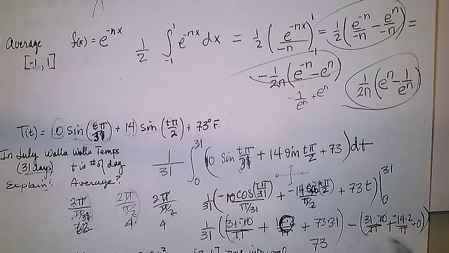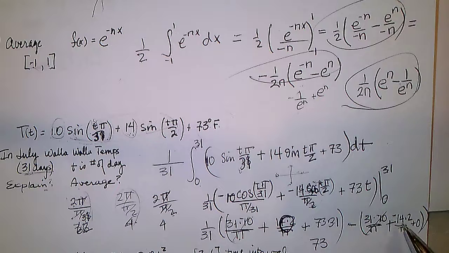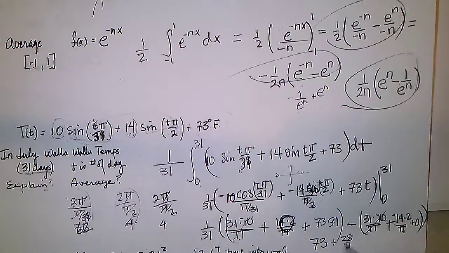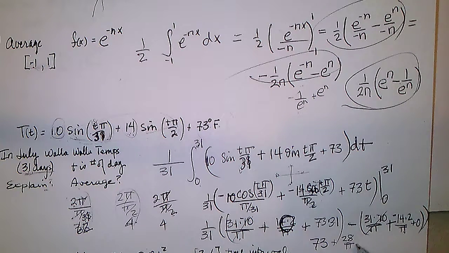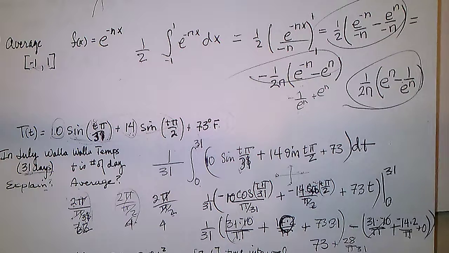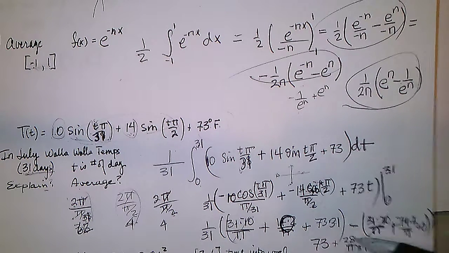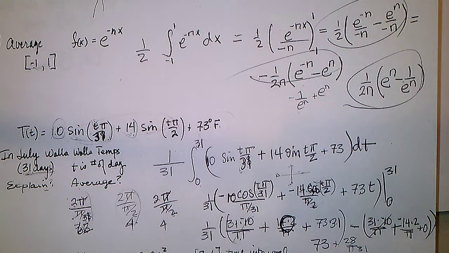Then it increases by a little bit. And the amount is minus a minus, so it's plus 28 over pi divided by 31. And so we get a slight increase in the average.